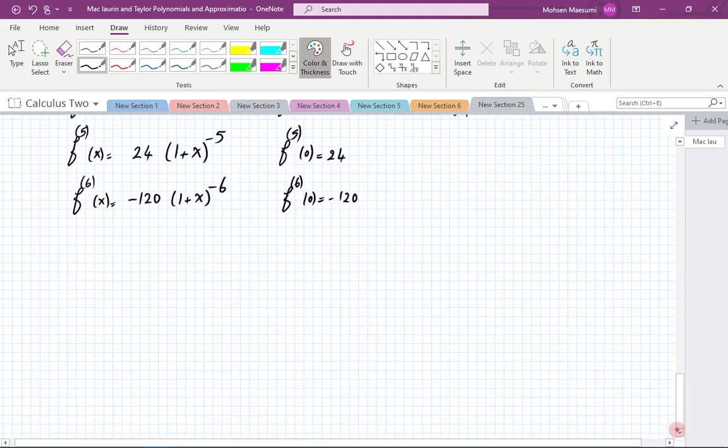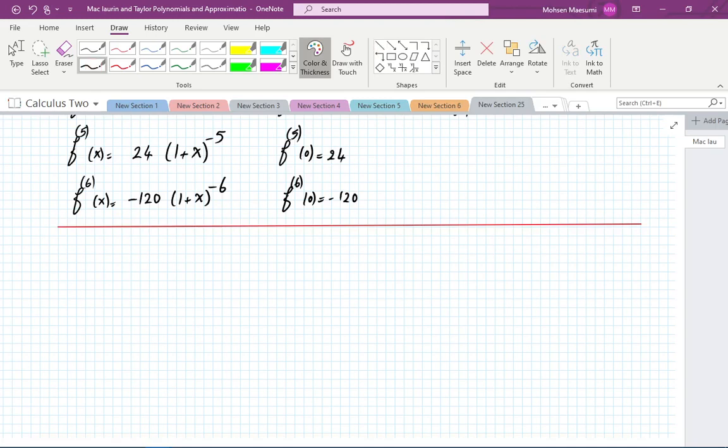So let me leave you with one example to do yourself. Perhaps nicest of all of them, that is the Maclaurin series for exponential of x.